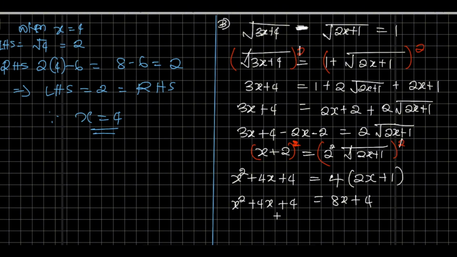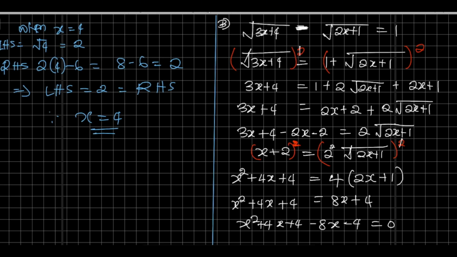And then we can move all the terms to the other side to equal 0. So we have plus 4 minus 8x minus 4 equals 0. Collecting like terms further, that will be x squared plus 4x minus 8x, plus 4 minus 4, equals 0.